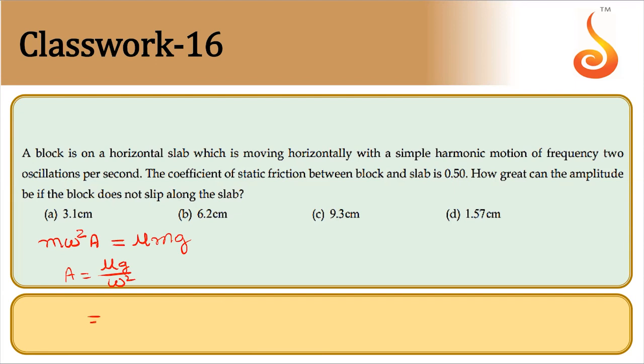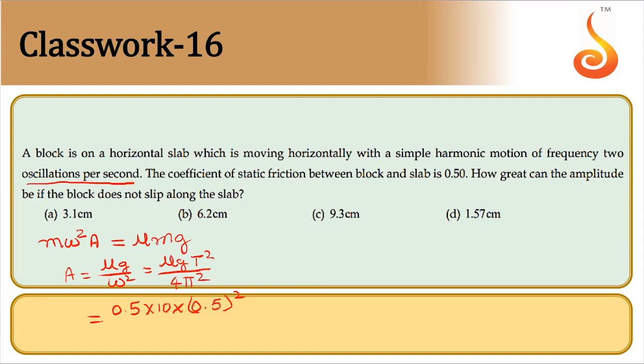So mu is 0.5. I'll substitute for omega. Omega is 2 pi by T. So mu g T square divided by 2 pi whole square, which is 4 pi square. Correct? So it will be 0.5 into 10 into time period squared. It is 2 oscillations per second, so in 1 second there are 2 oscillations, so time period is 0.5.